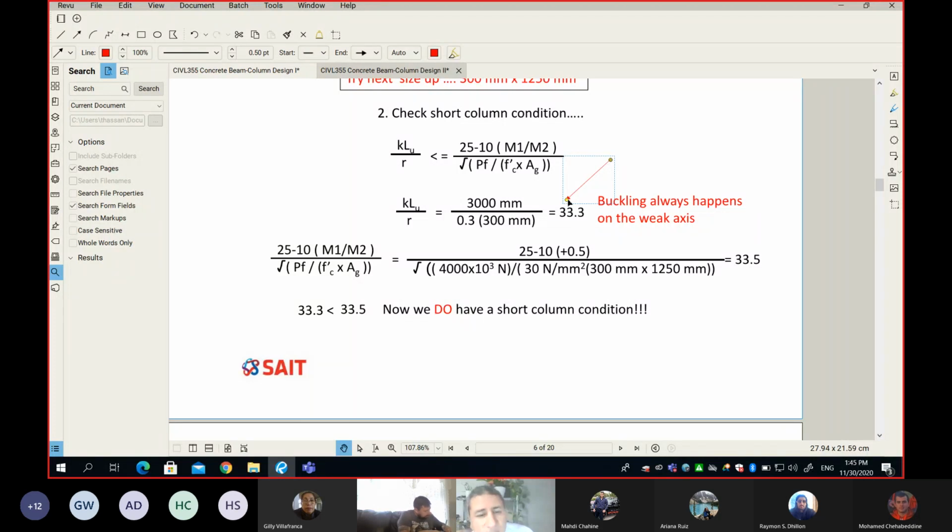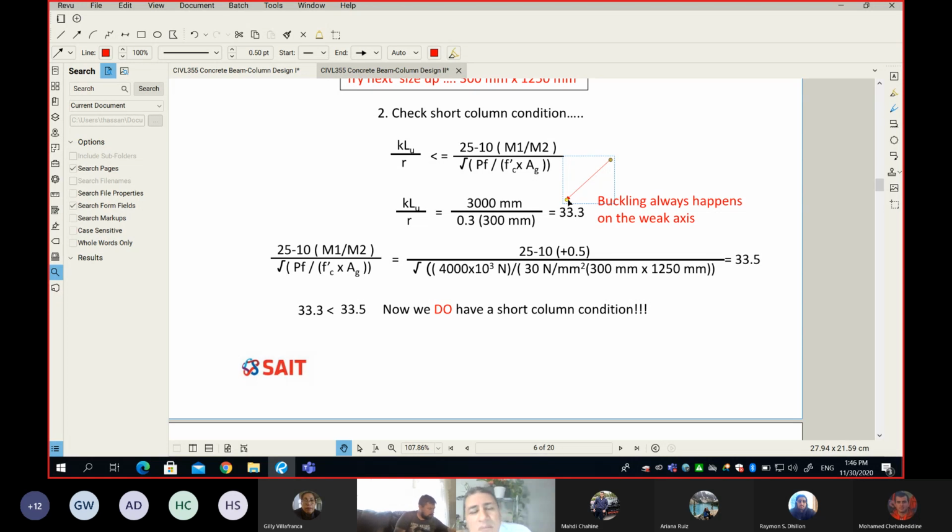Now, all you have to do is go and find the other number, which is your limit. So I put here, you can see the numbers are the same. The only difference is your 1250 in the denominator over there, and we have 33.5. Finally, the 33.3, which is the lambda of your column, is less than lambda maximum, which is 33.5.